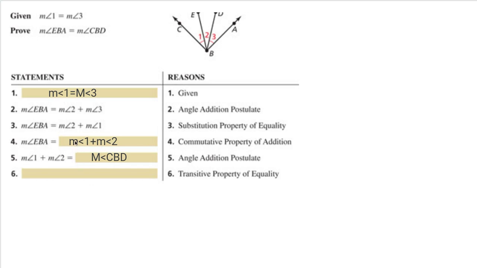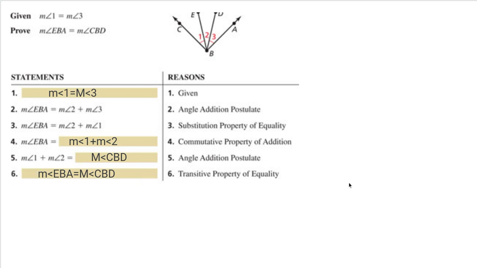And because we had 1 plus 2 above, our transitive property of equality says that if this is 1 plus 2 and this is 1 plus 2, then whatever these are, they are equal to each other. So that means that the measure of angle EBA is equal to the measure of angle CBD.